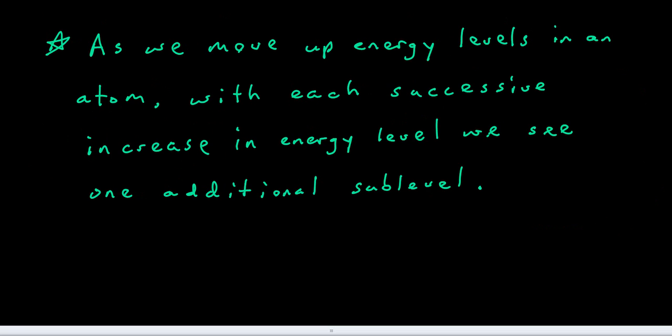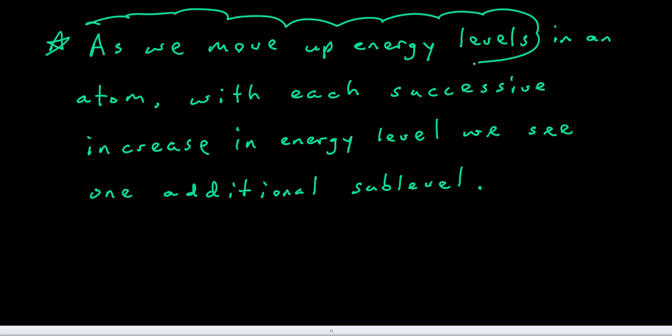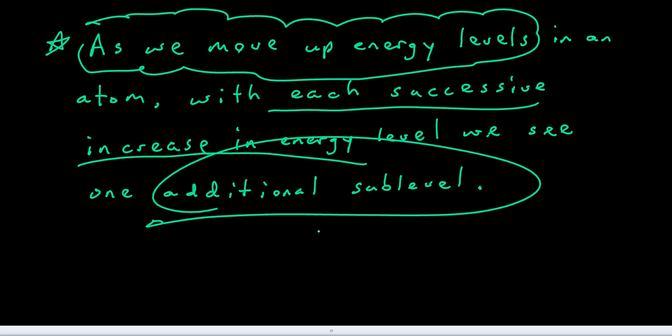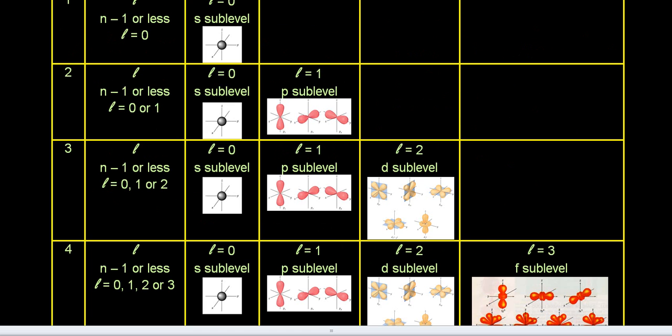Now, as we continue to move up energy levels outside of an atom, with each successive increase in energy, we see the addition of one additional sublevel as we move through the S, P, D, and finally F sublevels surrounding an atom. For example, when we're only at n equals 1, the only sublevel possible is L equals 0, which is the S sublevel.